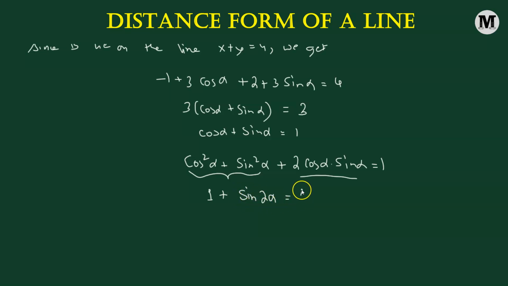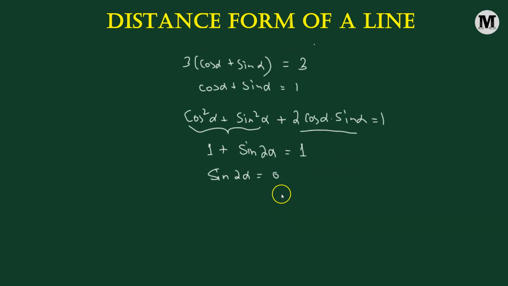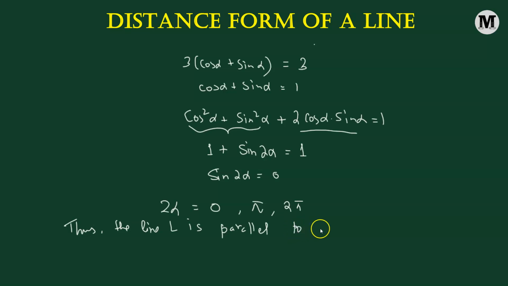So we finally have sin 2 alpha = 0, which means that 2 alpha can be equal to 0, or pi, or 2 pi. This simply means that the line L, which we considered passing through the point (-1, 2), is parallel to the x-axis. Right, so we have obtained the direction of the line L.